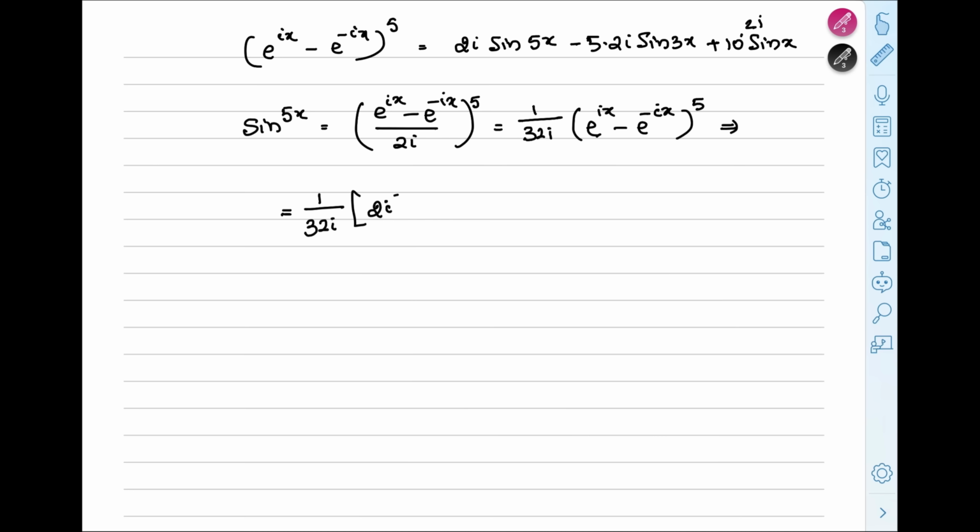2i is common in the above value, we will take out 2i into sin 5x minus 5 sin 3x plus 10 sin x.